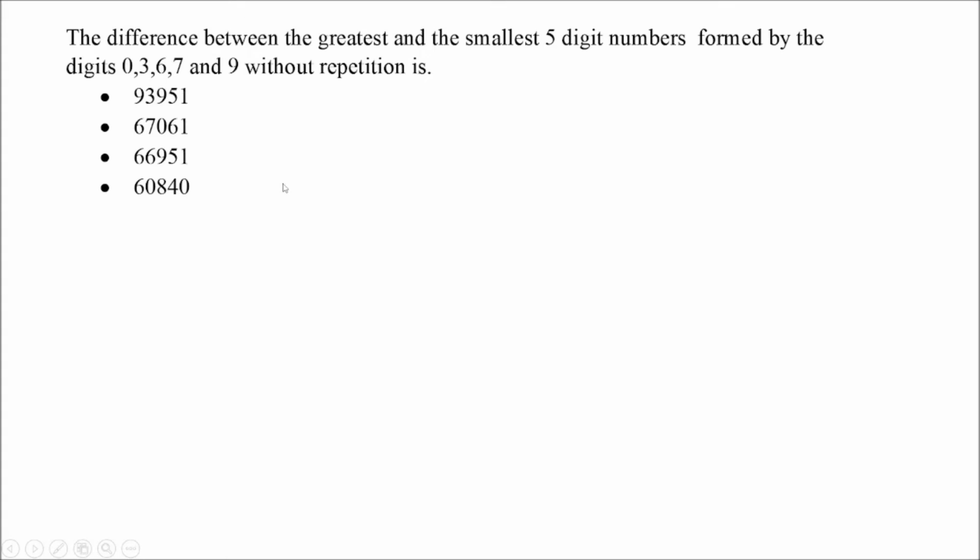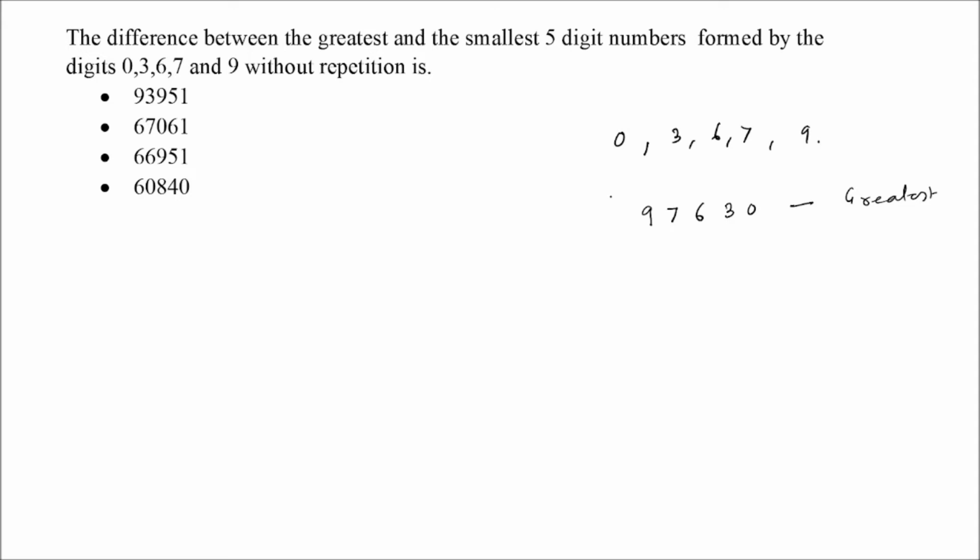The difference between the greatest and the smallest 5-digit numbers formed by using 0, 3, 6, 7 and 9 without any repetition. So how to write the greatest number? Write all these numbers in descending order, that means 9, 7, 6, 3 and 0. So this will be the greatest number. Now for the smallest number, we have to write digits in ascending order.